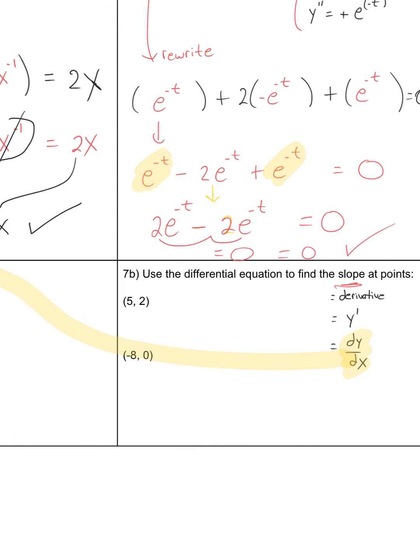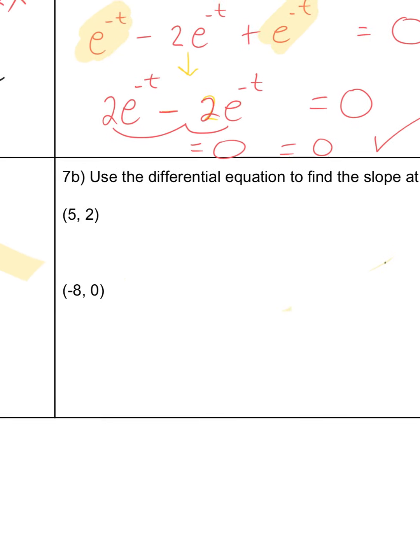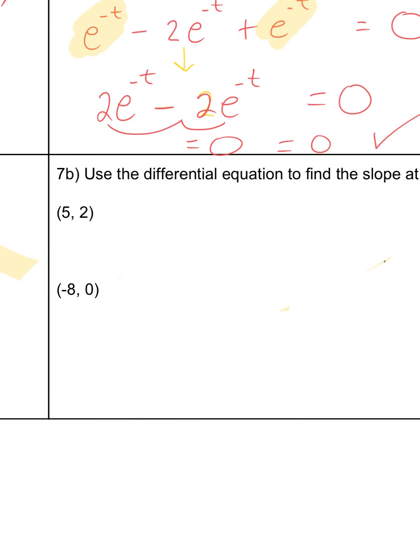Okay, so let me get rid of my mess here and bring over that differential equation from the right-hand side. The differential equation was dy dx, our slope, is equal to negative 0.36 x over y.